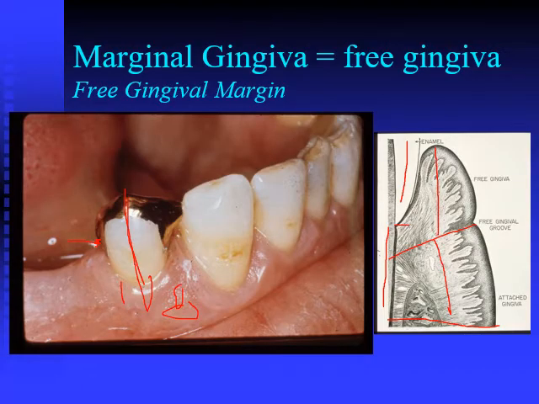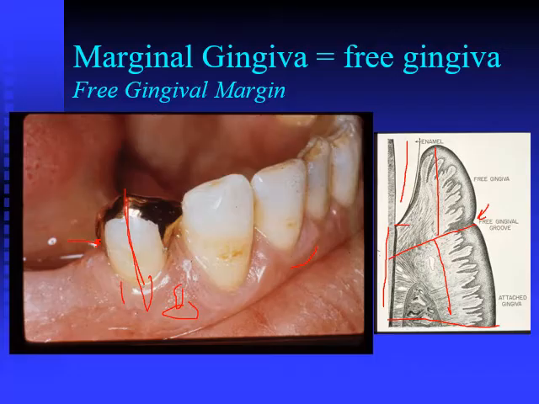The terms free gingiva and marginal gingiva are synonyms, so you can use them interchangeably. The free gingival groove that you see on this diagram might possibly be represented by what we see here in this lateral incisor tooth.